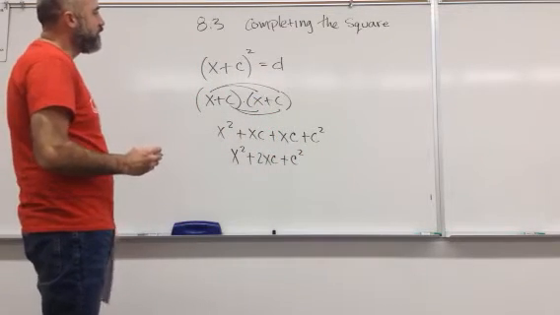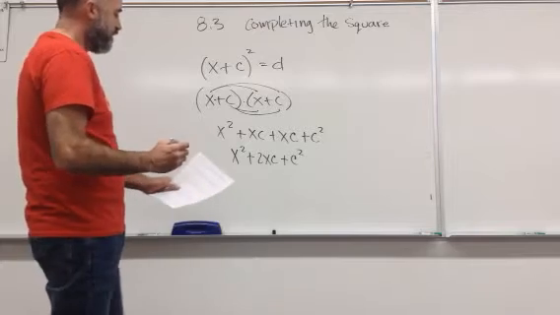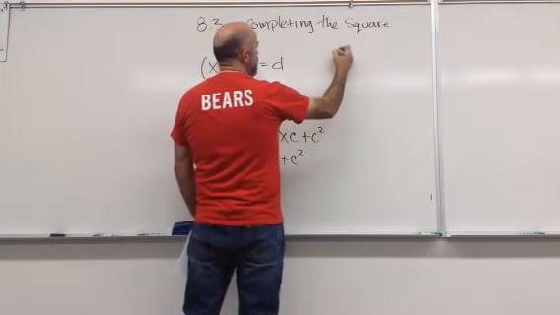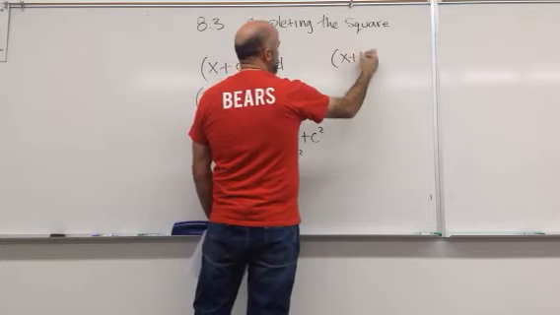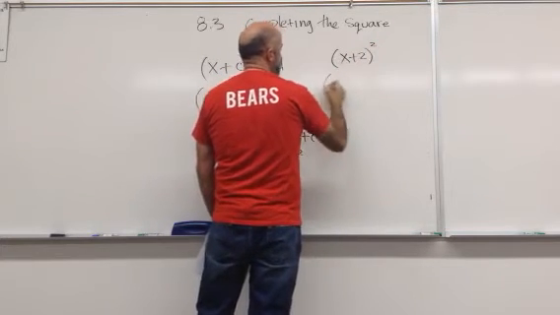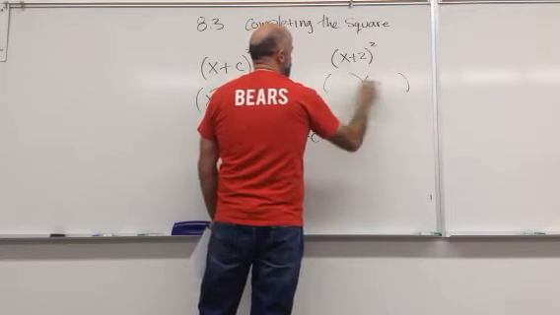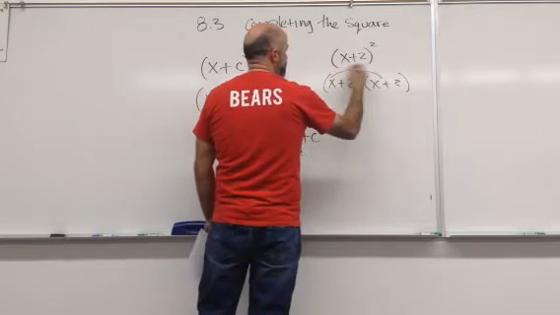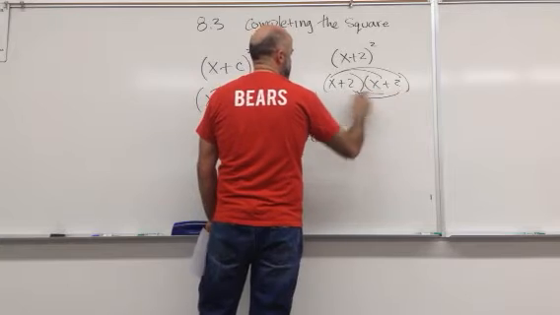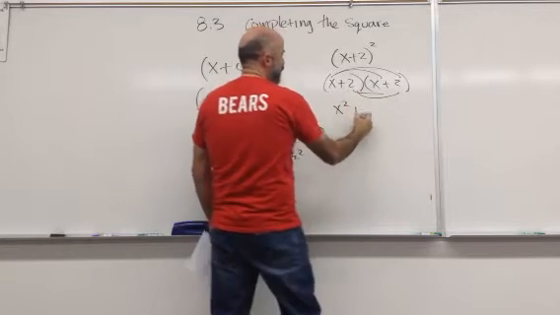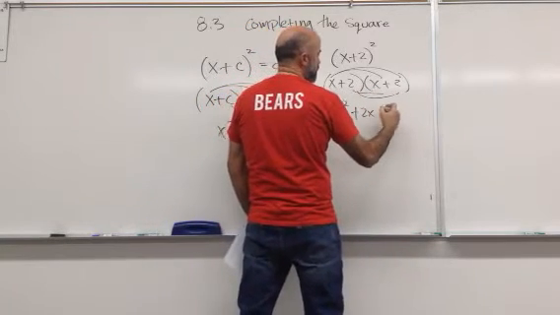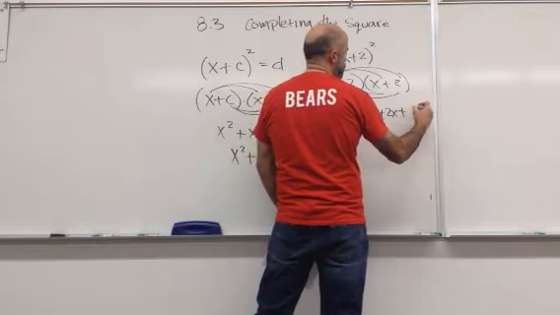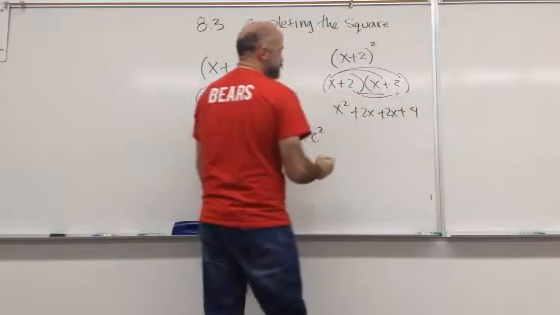So if we were to try that with an actual example, not just letters, x plus 2 squared, that is x plus 2 twice, that's x squared, plus 2x plus 2x, plus 2 squared is 4.